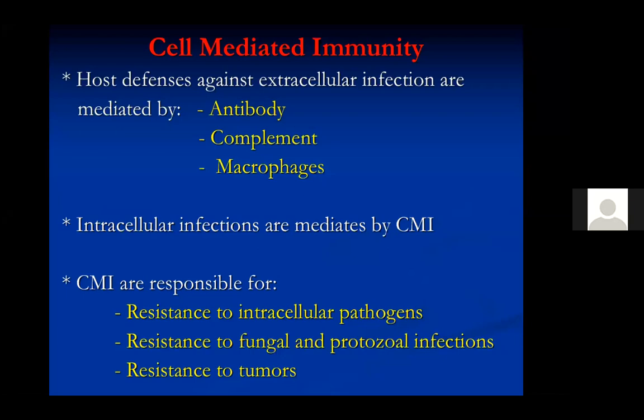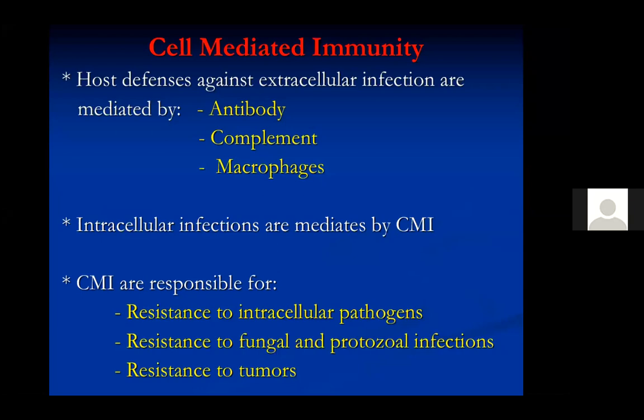I've just mentioned that these are very important at the initial stages of the immune response, particularly to extracellular infectious agents. But when we have intracellular infections, which predominantly occur with viral infection, or intracellular bacteria like TB, they trigger what is called cell-mediated immunity.